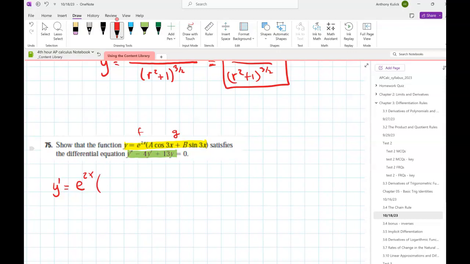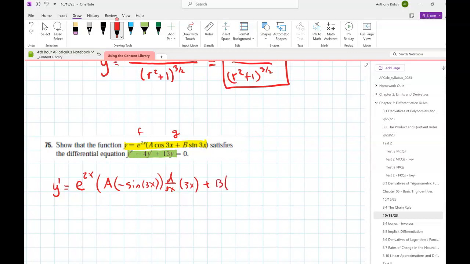So to do the derivative of a cosine 3x requires a chain rule, right? So the outer function is cosine. A is just like a coefficient, like a 2 or a 7 or whatever. So I'm just ignoring it for now. So that's going to be a times negative sine 3x times the derivative of 3x.